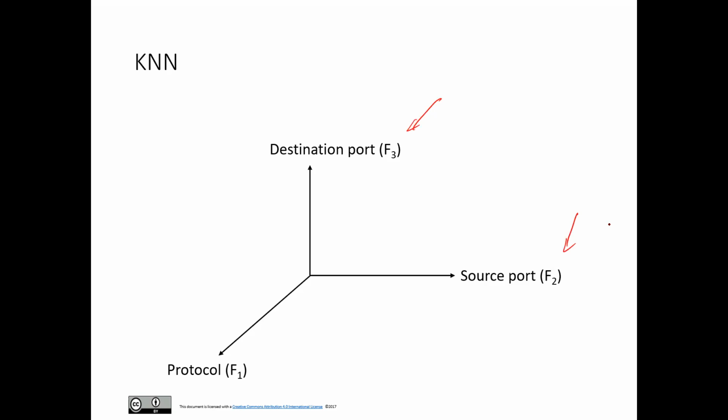We know that ports go from 1 to 65,000, right? So any value in between. Now, some people don't like this example. I like to use it because destination port and source port are things that we all understand. We remember it's one to 65,000.